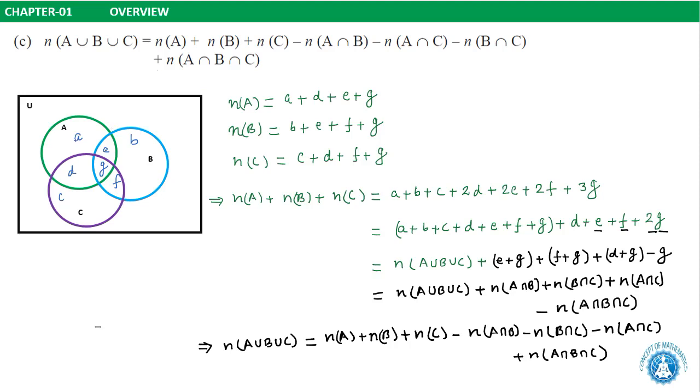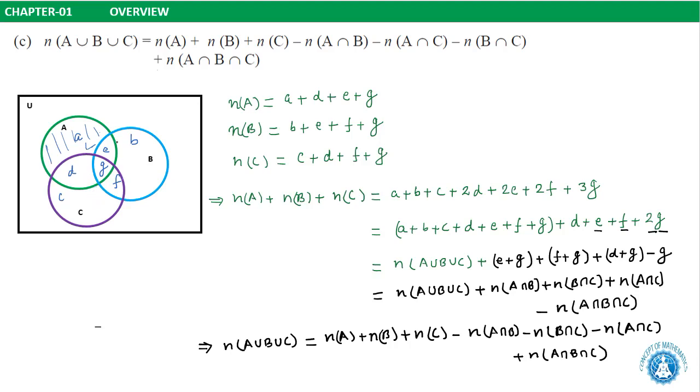I have written the number of elements in each region by different letters. Suppose this region, only this region, the number of elements is a. Similarly, the number of elements in this region is b, this one c, d, e, f, like this. I have counted all the elements in the regions given here.